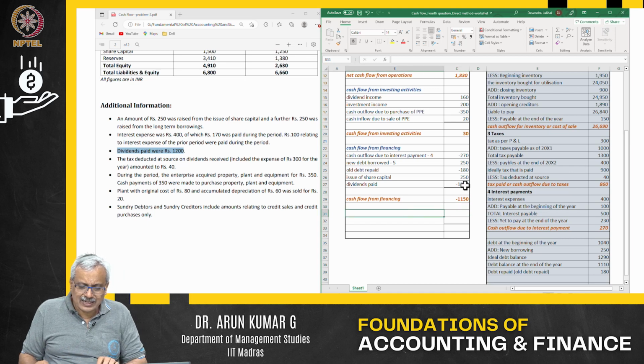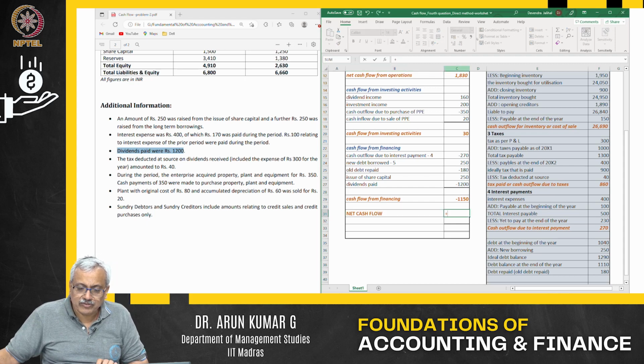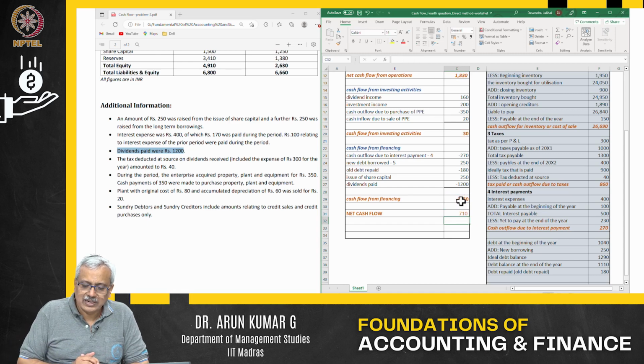So, what is the net cash flow I have? The net cash flow for the company is cash flow from operations plus cash flow from investing plus cash flow from financing activity. That is, the net cash flow is $710 out there.